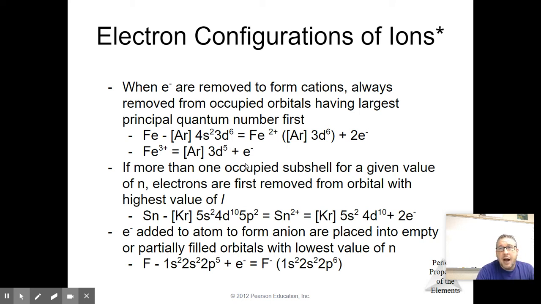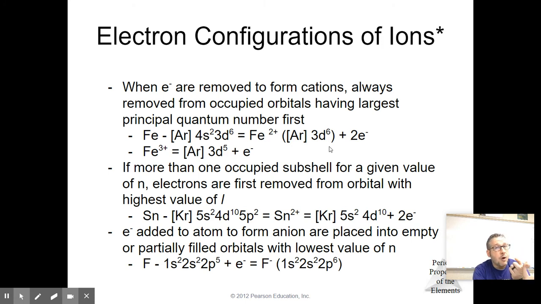If we were to make Fe2+, which means we remove 2 electrons, those 2 electrons are going to be removed from the 4s, because the 4 is the highest principal quantum number in the setup. So the 2 electrons get removed, and we have a new electron configuration for the Fe2+ ion of Ar 3d6.